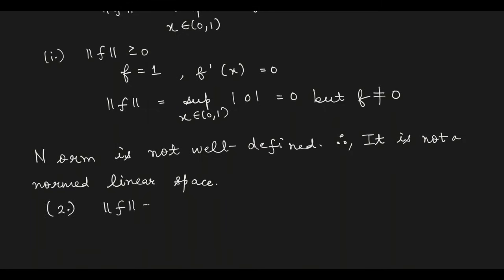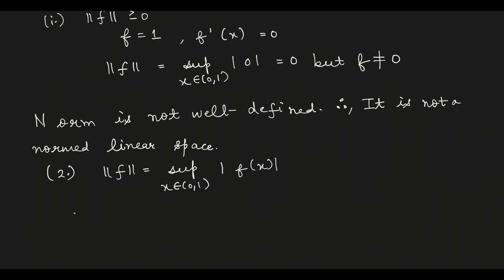If the norm is defined like this, supremum over x belonging to 0, 1 of mod of f x, then the first property, norm of f greater than or equal to 0, holds. Norm of f is the supremum of mod of f x, which is clearly greater than or equal to 0.